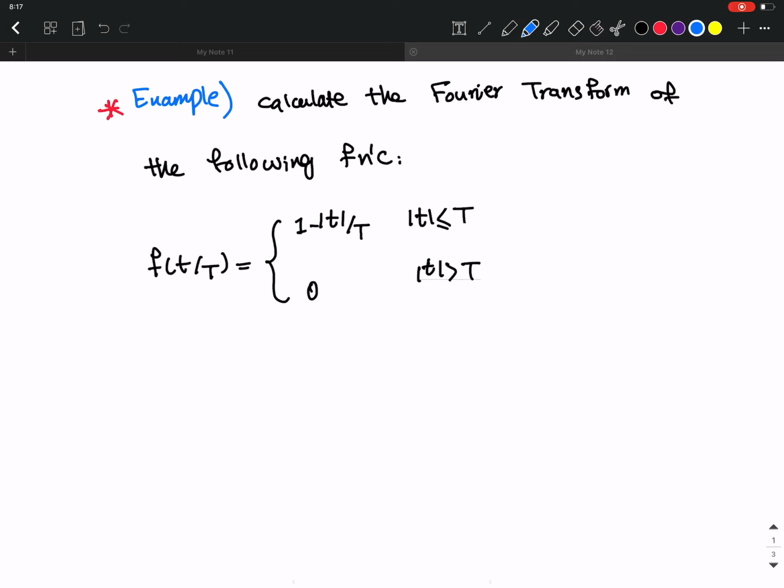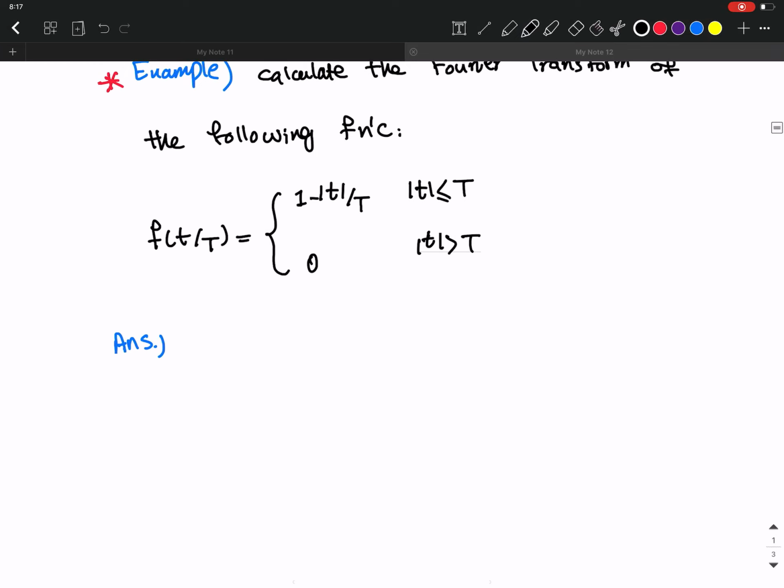Okay, so let's see how it's gonna be. Answer. First I want to show this function. So this is actually a triangular pulse, what we call it. So let me just draw it, so you can have a better understanding of what it is.